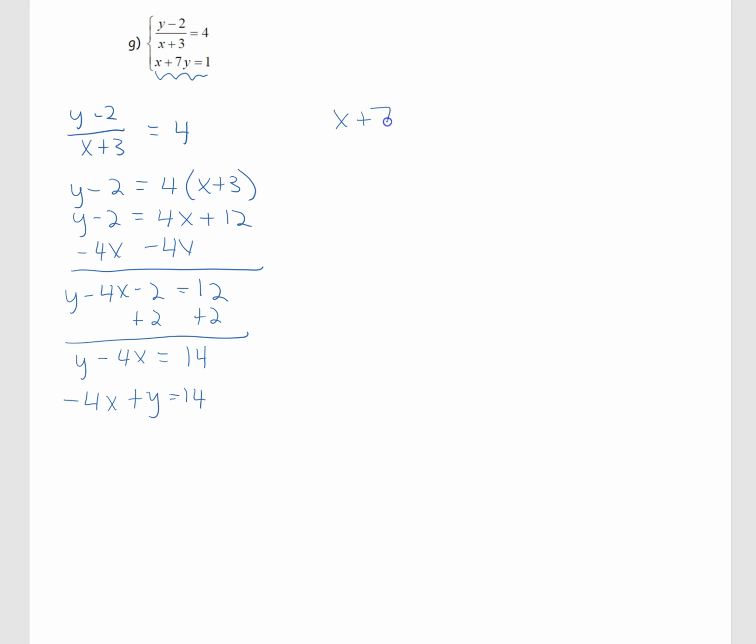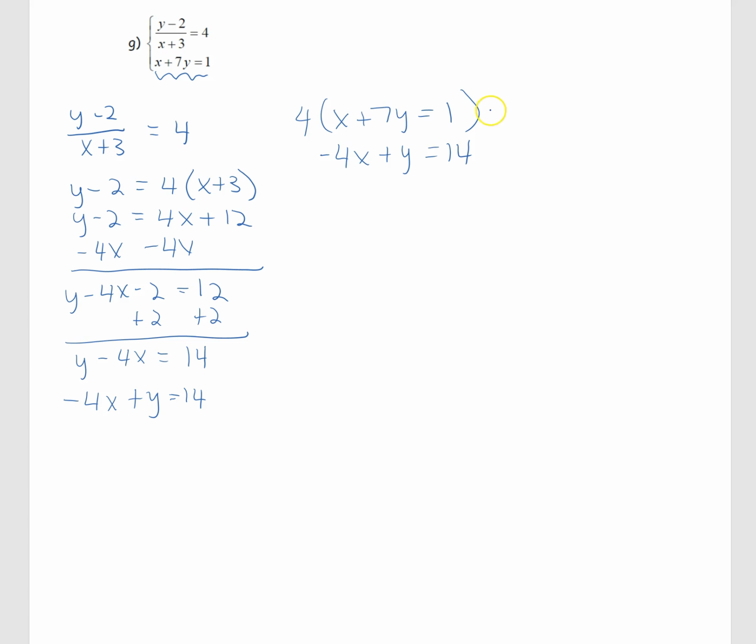So now what I'm going to do is take these two equations, negative 4x plus y equals 14, and I want to get it so that one of my variables disappears when I add or subtract these. So what I'm going to do is multiply this entire top equation by 4, and that's going to give me 4x that can then cancel out with the negative 4x.